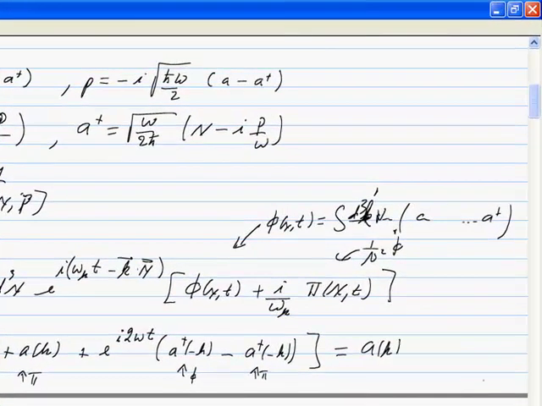I end up with just a dagger of k. These two guys cancel, so the a daggers cancel between phi and pi. The a's add between phi and pi, and the answer works. Okay, you can sort of see by construction that you can always do that. This just happens to be the piece that you get up there.